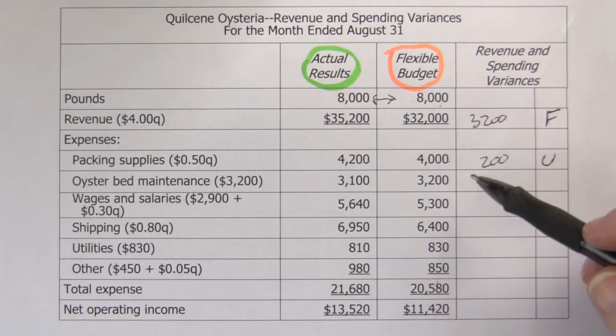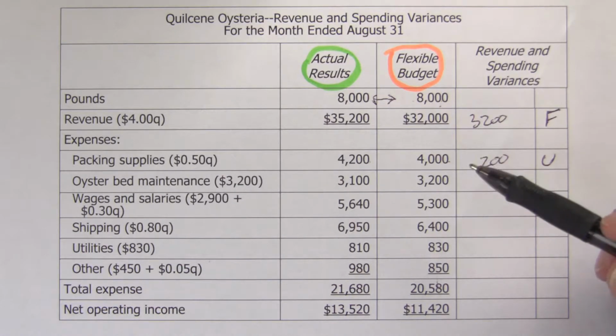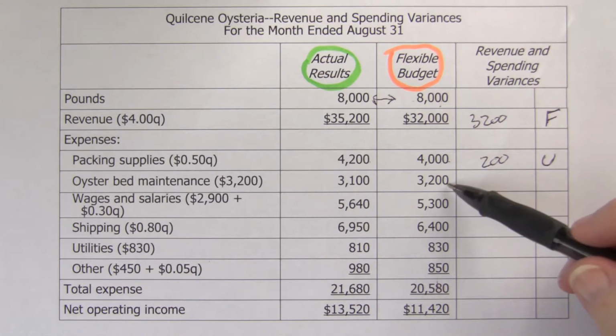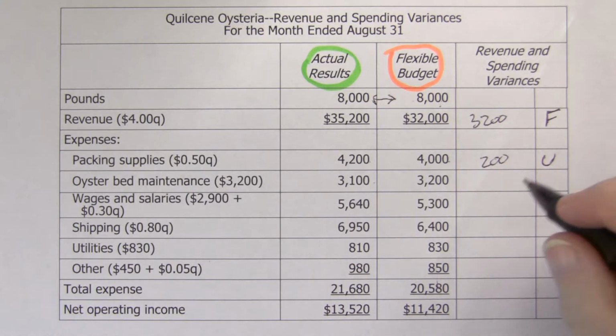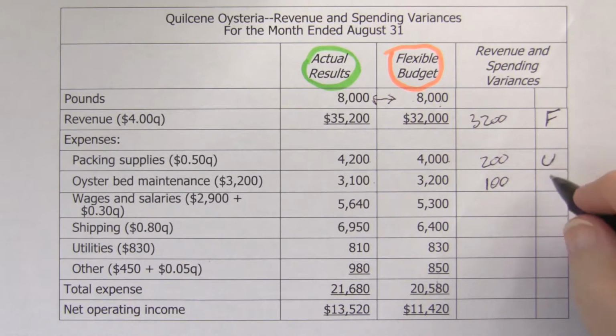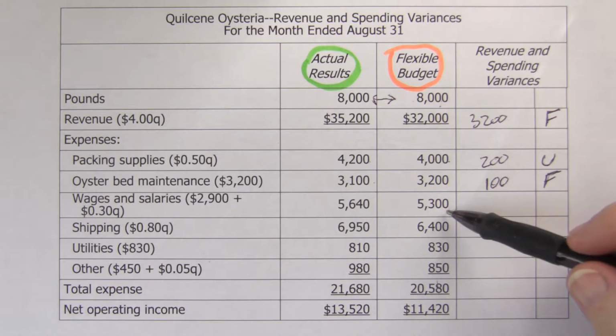Let's take a look at our oyster bed maintenance. I guess it's tough to put those oyster bed sheets on the oyster beds. Anyhow, for oyster bed maintenance we expected to spend $3,200. We only had to spend $3,100. So we spent $100 less. That's favorable. That's a good thing. Let's take a look at our wages and salaries.